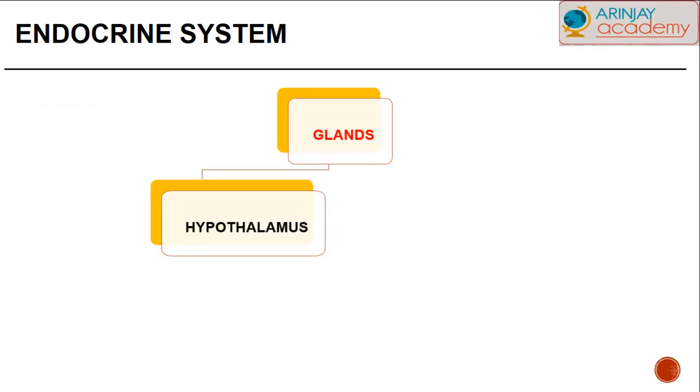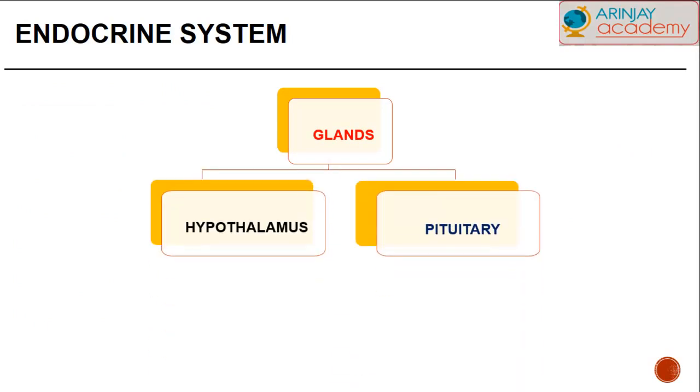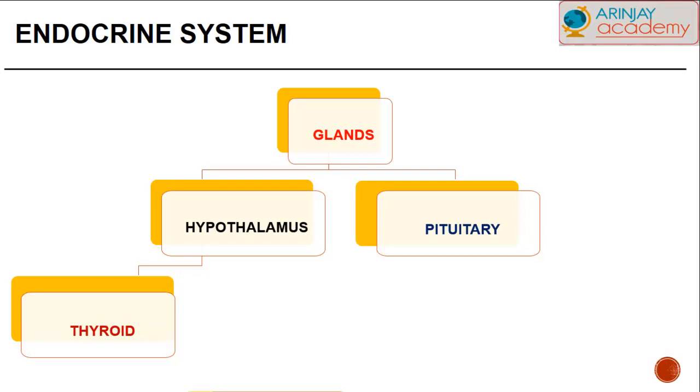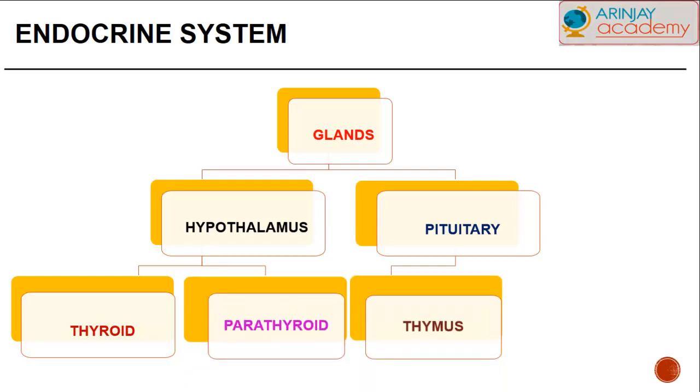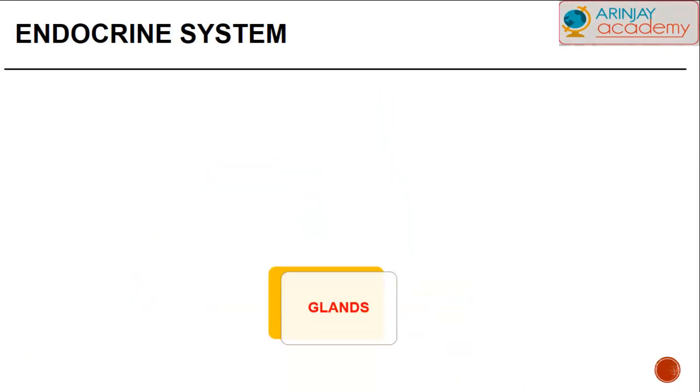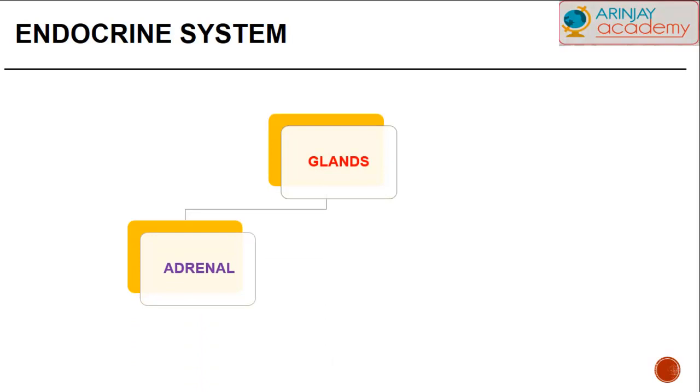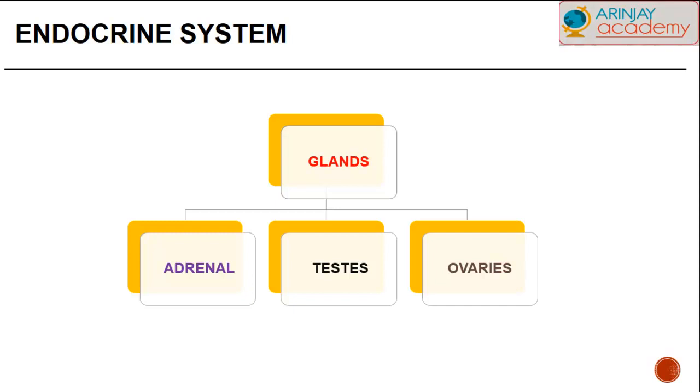We have the hypothalamus, pituitary, the thyroid, parathyroid, thymus, and the pancreas. Further on, we have the adrenal, the testes, and the ovaries. Let's have a look at the description and function of these hormonal glands and the hormones that they secrete.